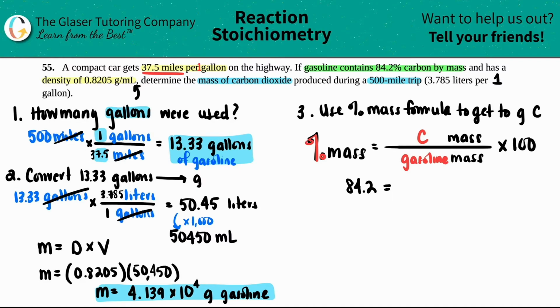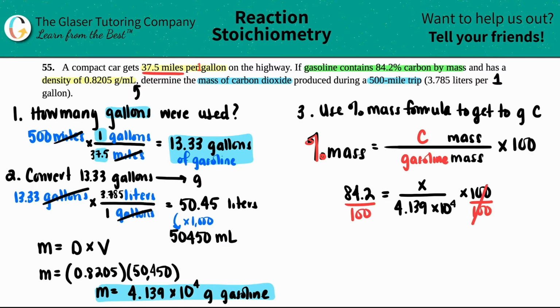84.2 equals X over 4.139 times 10 to the 4th, times 100. So first thing I'll do is get rid of the 100, cancel that out. So this is now 0.842 equals X over the 4.139 times 10 to the 4th.